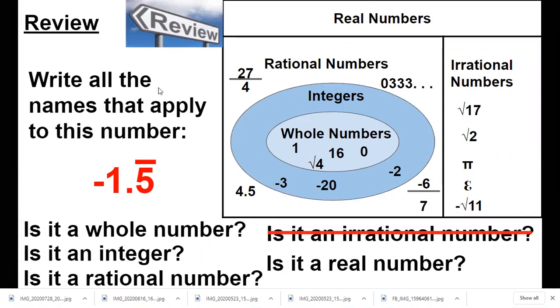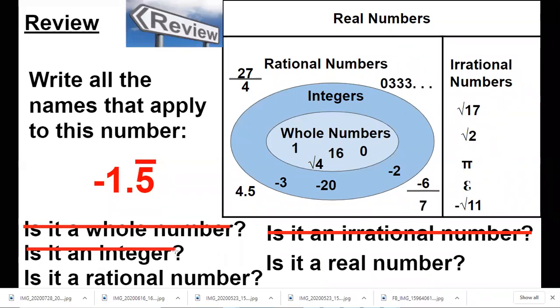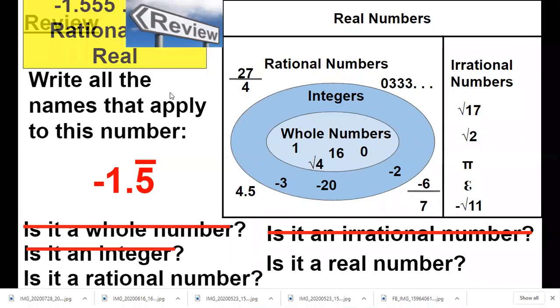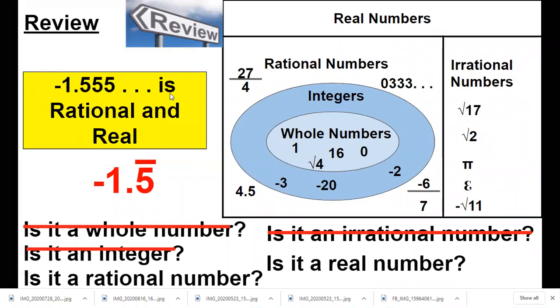So yes, it is a real number. So did we cross off the ones that it was not? I thought we did. I must have cleared my lines by mistake there. So there, we've got it. It's a rational and a real number. So let's bring down our box. Negative 1.5555 repeating is rational and real. Yay. Okay, let's move on.